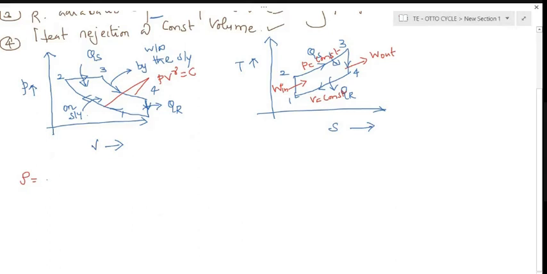The cutoff ratio is this: at the end of the compression stroke, heat is added from a certain body at constant pressure. During this addition of heat, the volume increases from 2 to 3, and the temperature also increases from 2 to 3.